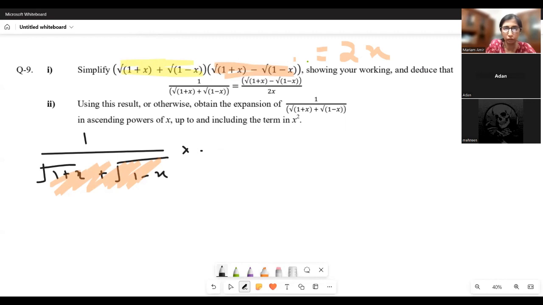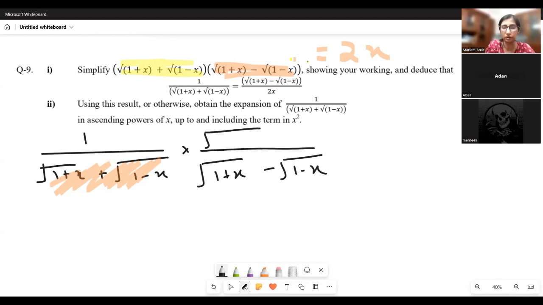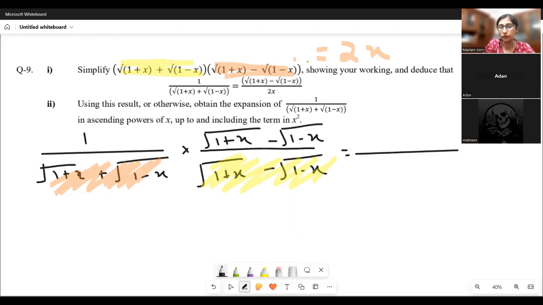I am going to multiply and divide it with the square root of 1 plus x minus the square root of 1 minus x, in the numerator, and the same in the denominator. So what happens now is that the denominator becomes 2x, and we have a binomial expression in the numerator.